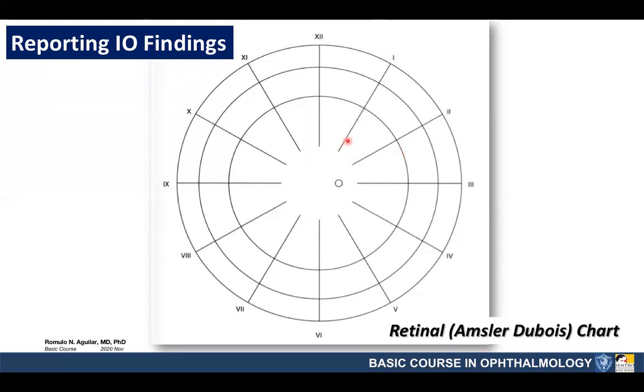And you have 12 radial lines, 1 line for each clock hour. So from 12, 1, 2, 3 all the way to 11 back to 12. Okay. Some retinal charts will have a fourth small circle here that would represent the position of the optic nerve.